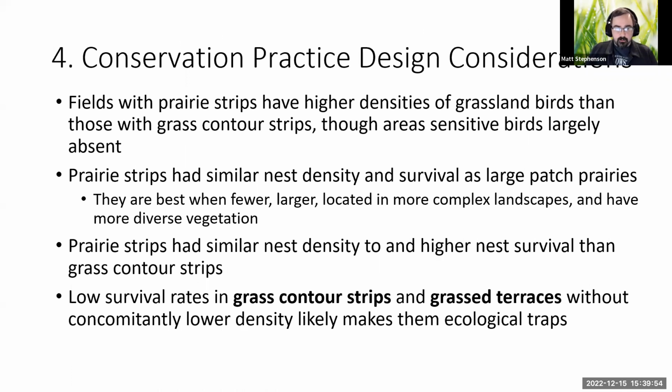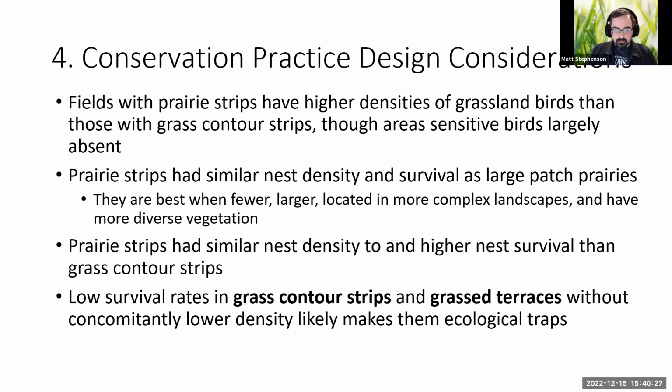We found that fields with prairie strips have higher density of grassland birds than those with grass contour strips, although area sensitive birds were still largely absent from the agricultural conservation practices. Prairie strips had similar nest density and survival as large patch prairies, our reference habitat. However, prairie strips did better when there were fewer of them, when they were larger, and when they were located in more complicated landscapes with more diverse vegetation.